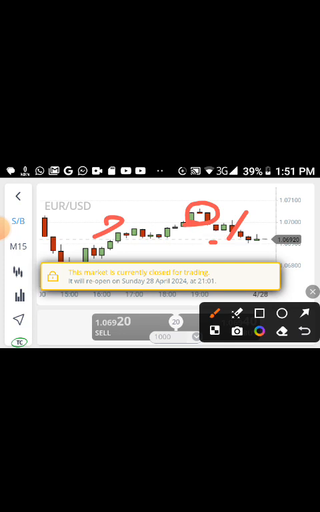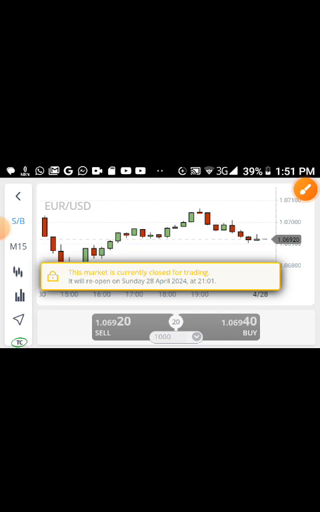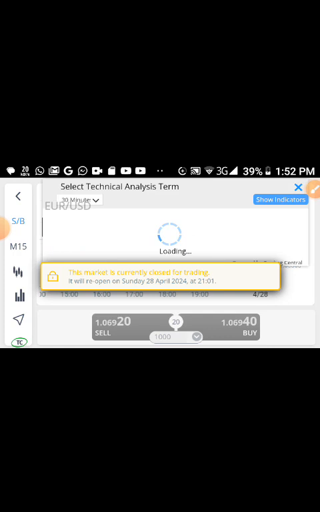All right, let's take that off. We could use some indicators on the chart. These indicators are there to help you in your trade. You could have your Bollinger Bands, your Awesome Indicator, and all those other indicators.